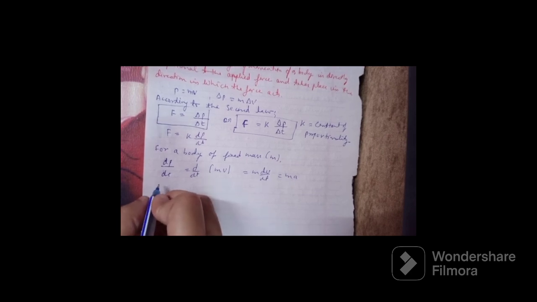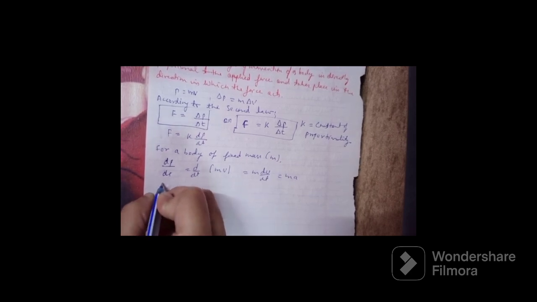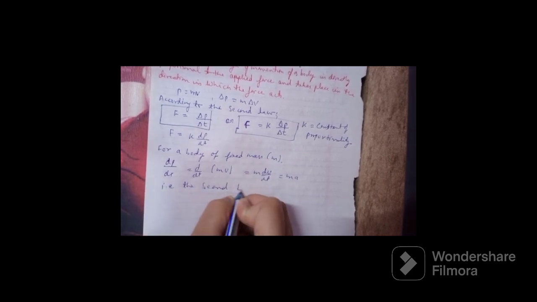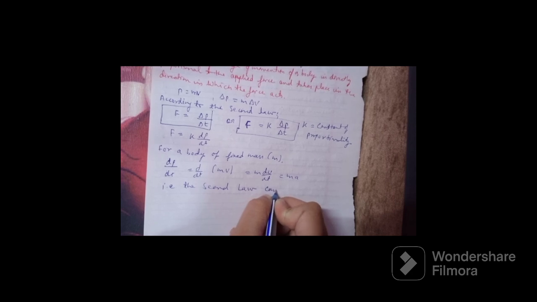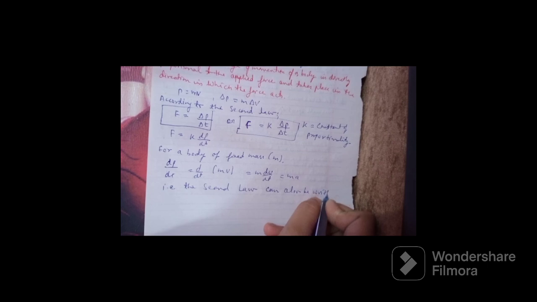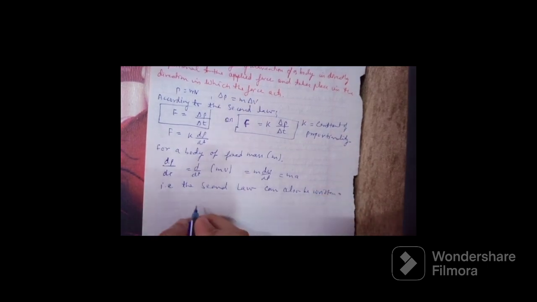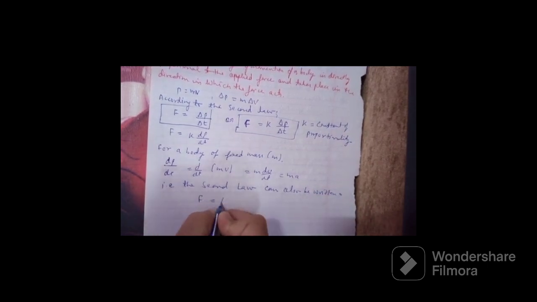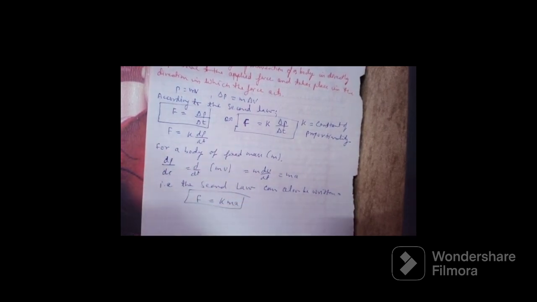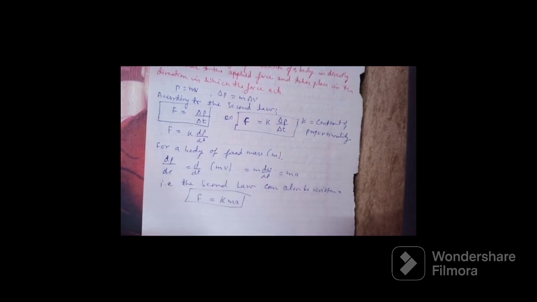That is the second law, which can also be written as F equals k ma, which shows that the force is proportional to the product of mass and acceleration.